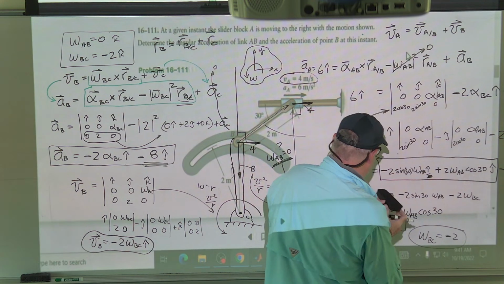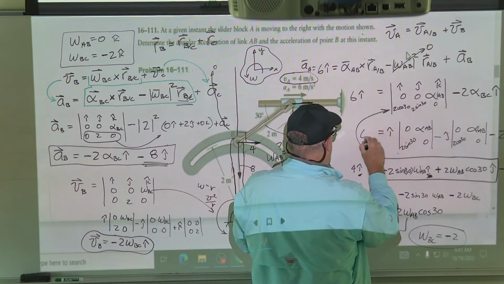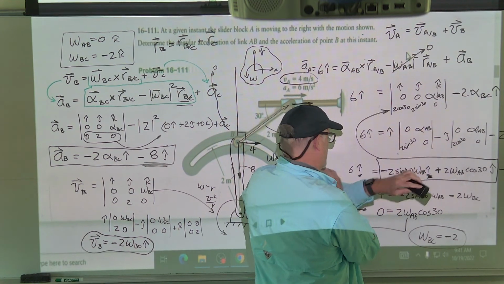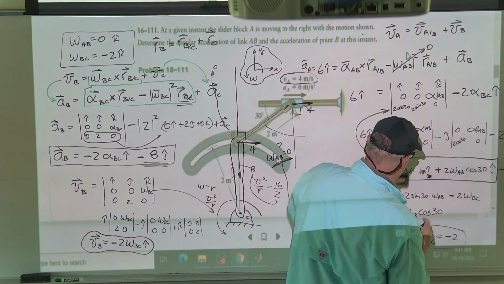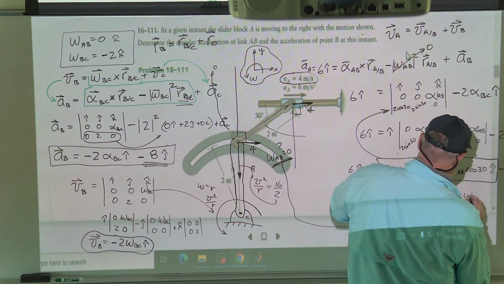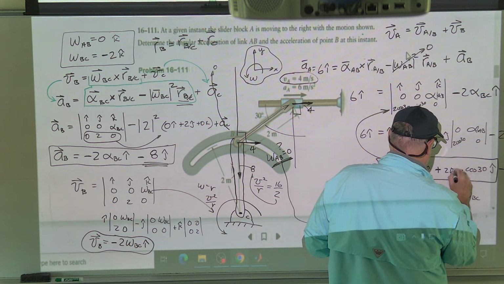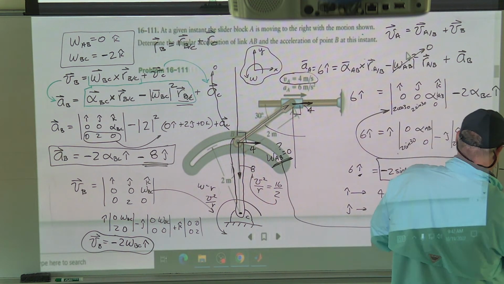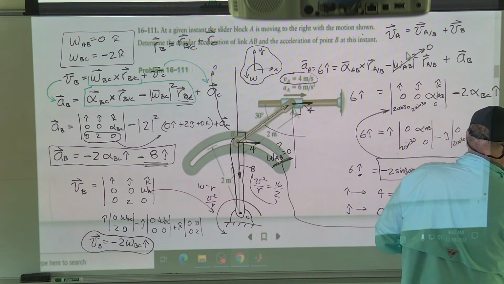And then, I no longer have this. I got 6. I have no idea who that is. Alpha, but I don't have time. But alpha, 2, and get alpha BC, minus 8j.